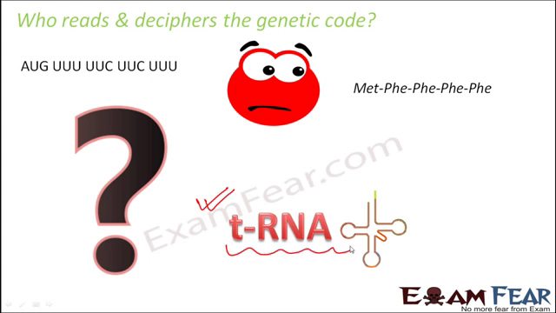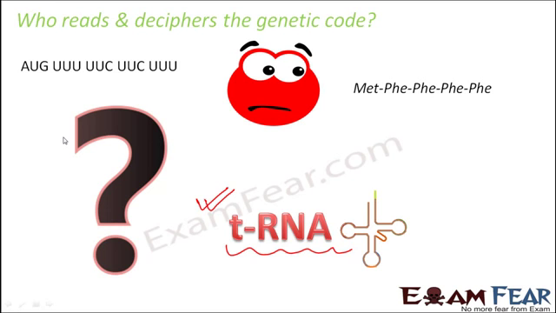It is called transfer RNA because it does the job of carrying the amino acids. So it is going to carry all the amino acids and it is also capable of reading the genetic code. So by reading the genetic code, it will get to know which amino acid it should be, and then it carries that specific amino acid and helps in the process of protein synthesis. So that is the purpose of tRNA.